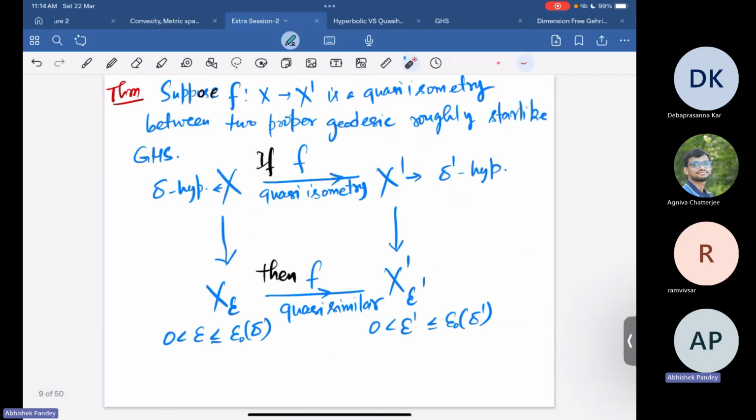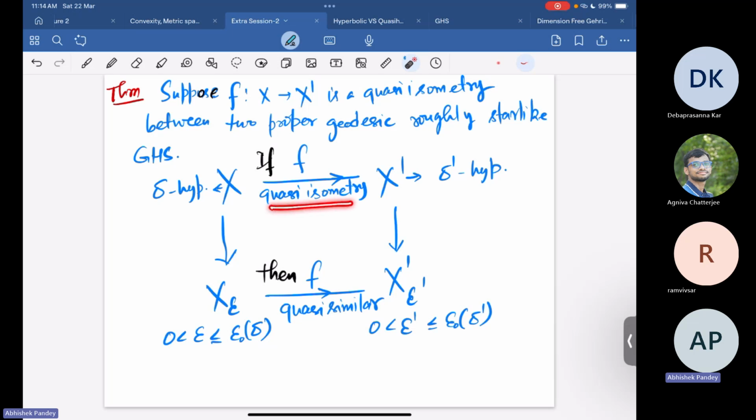So the first thing is, if f is a quasi-isometry between two proper geodesic roughly star-like Gromov hyperbolic spaces, and I haven't mentioned what we mean by roughly star-like, but just assume it is one property of Gromov hyperbolic spaces which is satisfied in most conditions, not always.